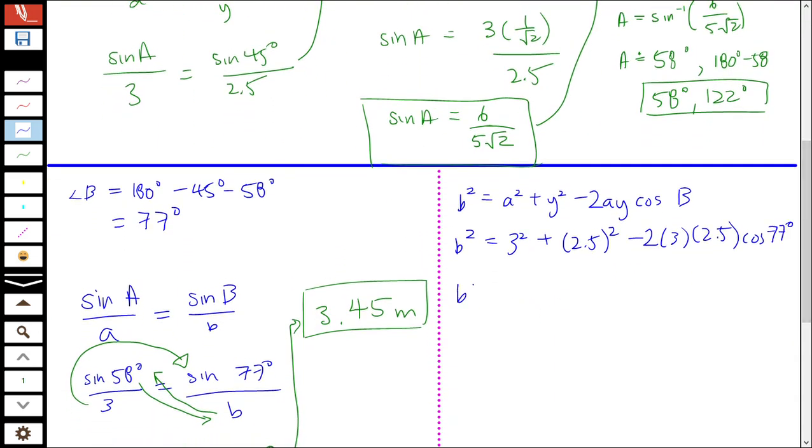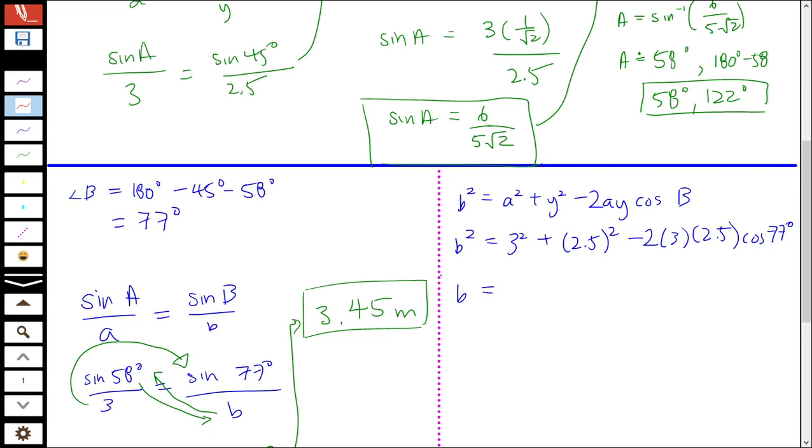Let me calculate B. Remember, we're going to put this into the calculator all at once and then root the answer at the end. So I'm going to have 3 squared plus 2.5 squared minus 2 times 3 times 2.5 times cosine of 77.